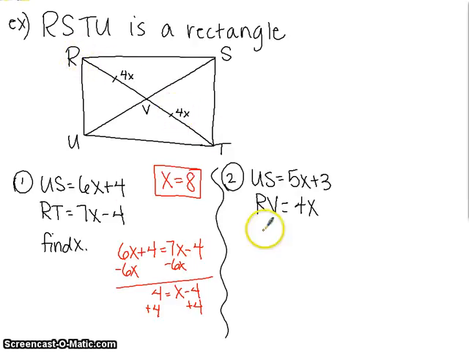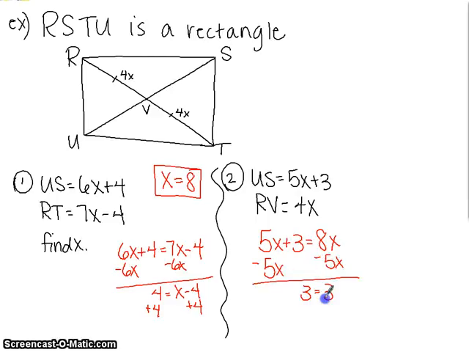So 5x plus 3 equals 8x. You just have to pay attention to what these are. They're not always going to be full diagonals. That's my point with this one. If we subtract the 5x, we get 3 equals 3x. And when we divide, x equals 1.